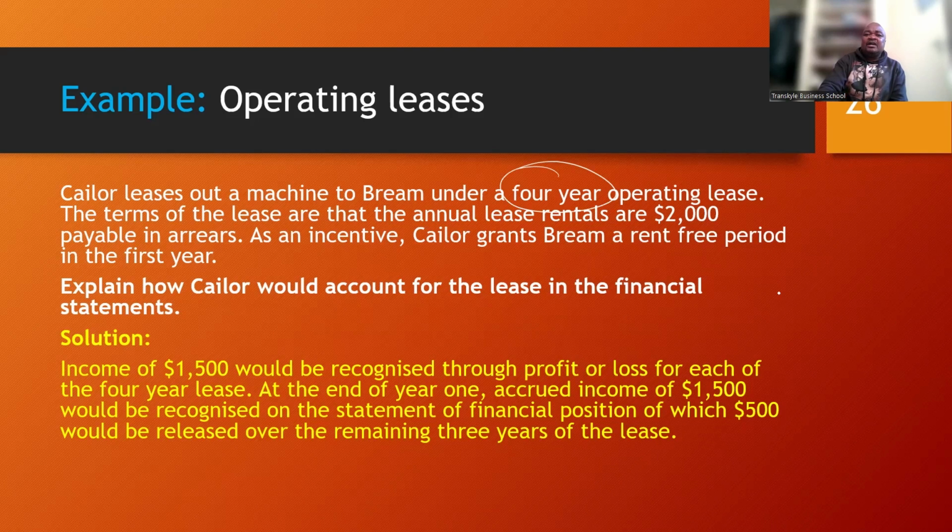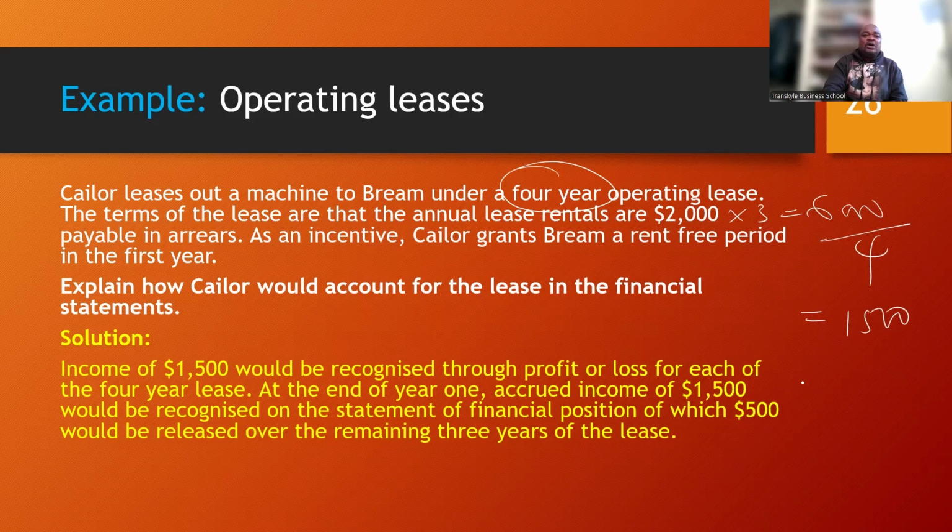However, the first year is free, but the second, third, and fourth are payable. So you say 2,000 multiplied by 3 and you get 6,000, and 6,000 divided by 4. Even if the first year was free, it is considered as part of the lease term. So there is 1,500 per year.